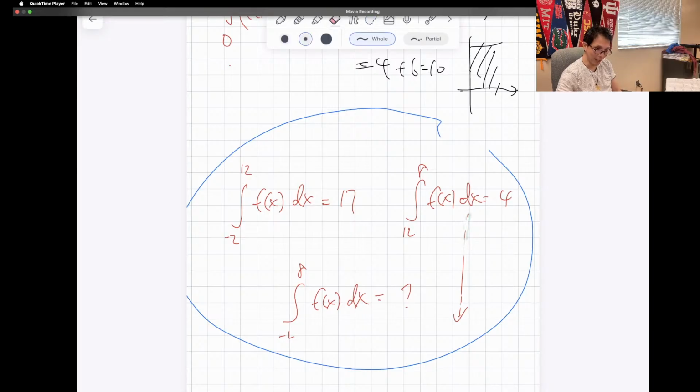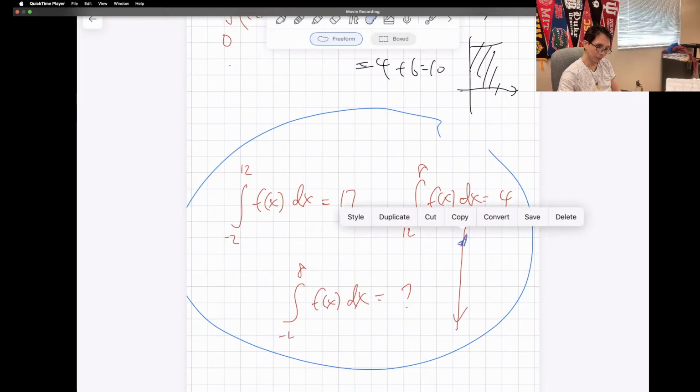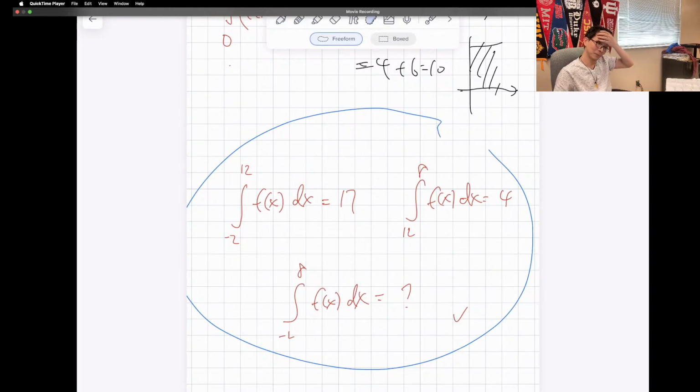So if I say integration from negative 2 to 12 of f of x dx is 17, and integration from 12 to 8 of f of x is equal to 4. What's integration from negative 2 to 8 of f of x dx? That's a good question. I know, isn't it? Oh, wait a minute.